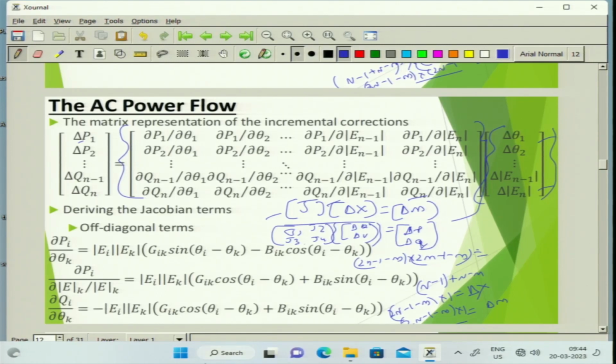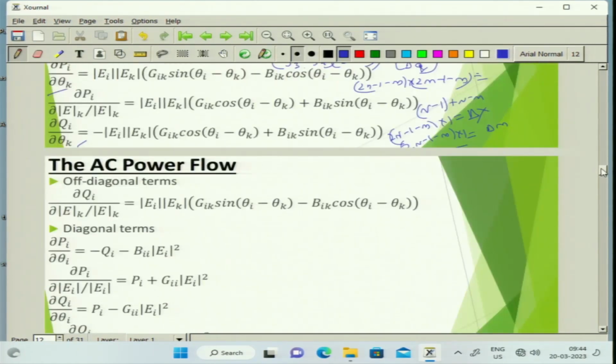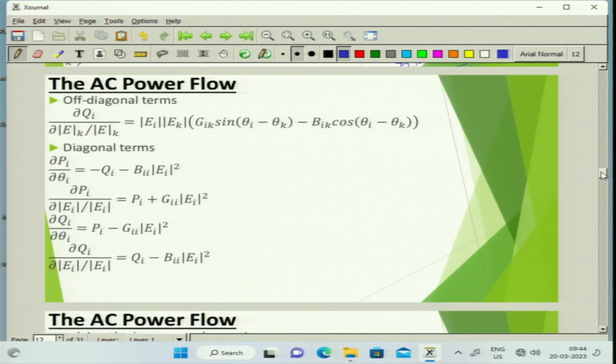So I have done some derivation that one can do, dou p by dou theta, dou q by dou theta, and dou p by dou v, and dou q by dou v. So the diagonal terms you get will be in terms of dou p by dou theta is nothing but minus qi minus bii ei square.